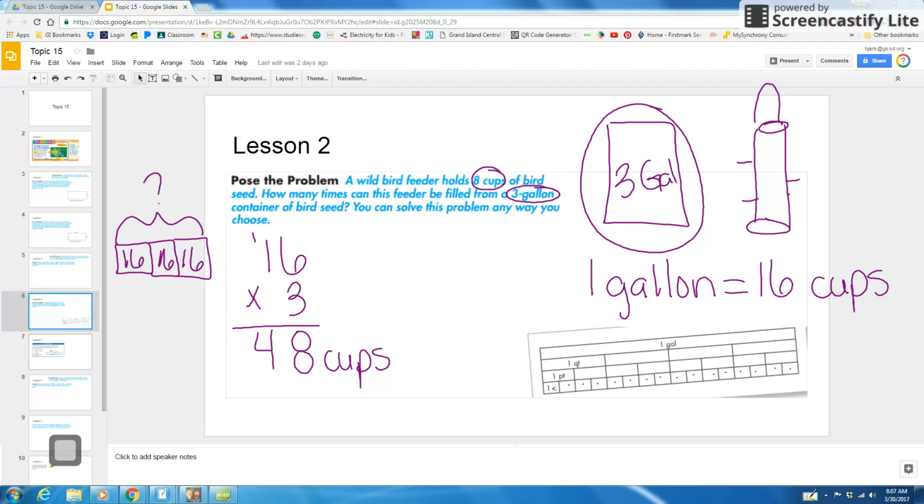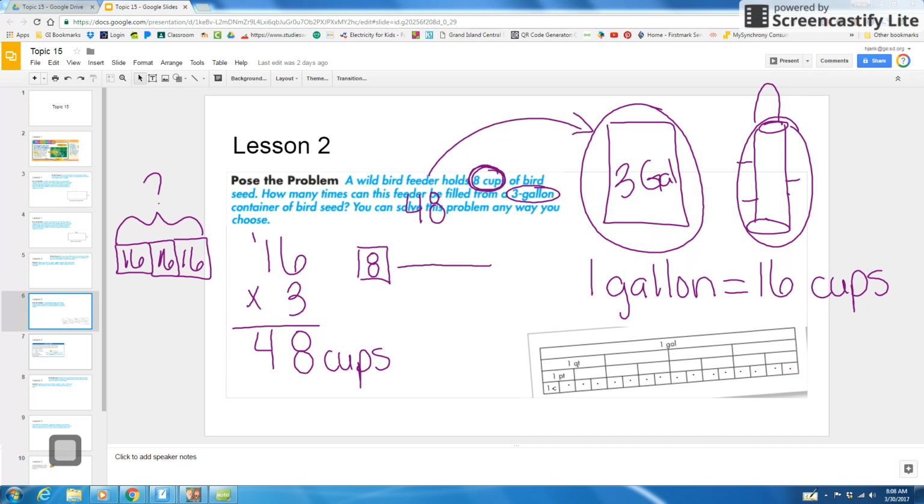Now I need to know how many times I can fill this. If we go back to our problem, we already circled it. I can put 8 cups at a time in there. So every time I fill that bird feeder, I use my 8 cups. I know I have 48 cups of bird seed to use up from this bag.